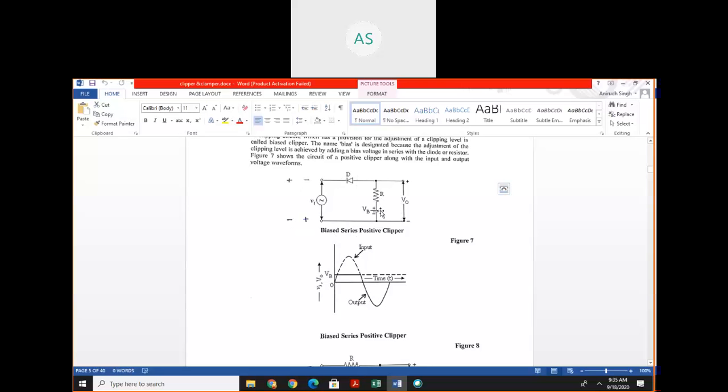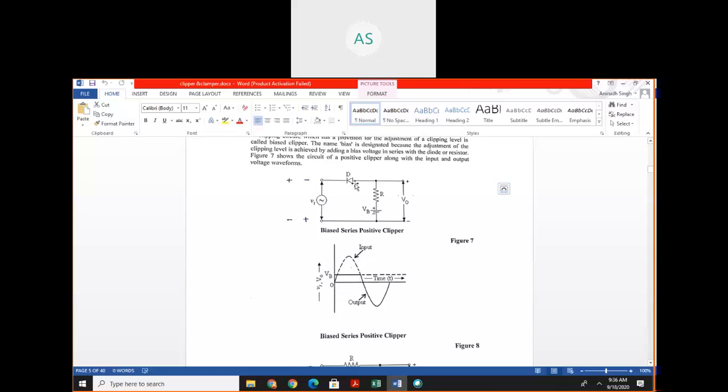So in this case, if we apply KVL in this circuit, then we get V naught minus Vb is equal to 0. It means that V naught is equal to Vb.